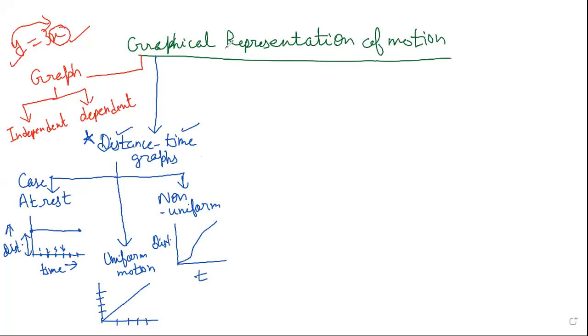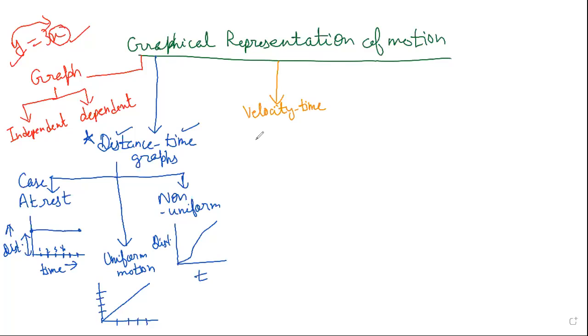Okay. After this, we have the velocity-time graph. Now again, for the velocity-time graph, we can discuss the cases. Here we look at the variation of velocity with time. So velocity is dependent and time is independent.